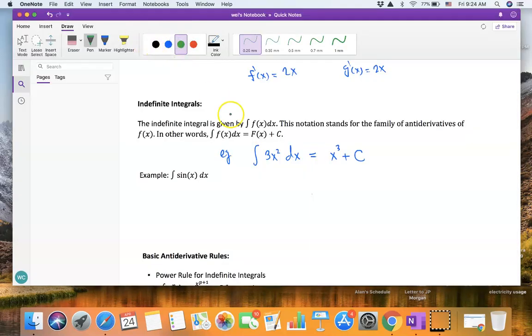So here 3x squared is our little f(x), and x to the third is our capital F(x), because the derivative of capital F(x) equals little f(x).